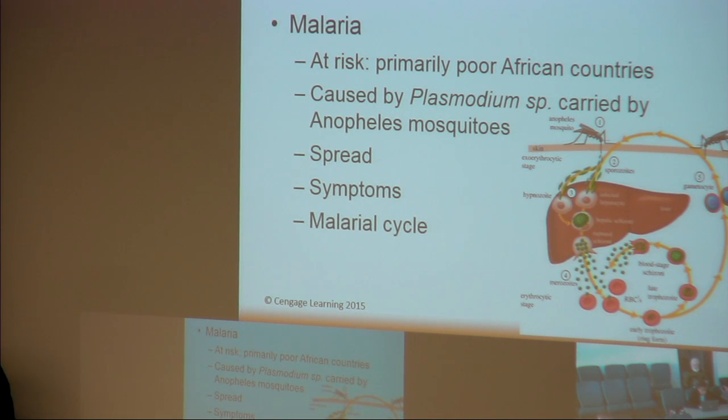So basically what happens is the mosquito comes, it bites you, and when it goes to bite, it has that disease, and it's released into your body, okay? And that kind of manifests, and it attacks the red blood cells, and then it kind of is in the liver there.